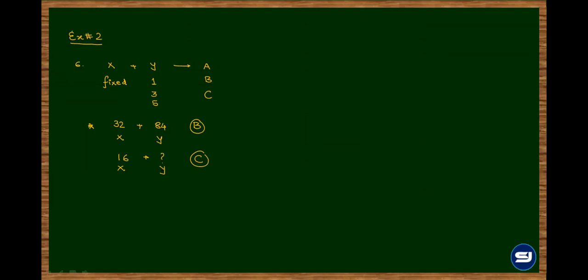Yes. Has anyone attempted this? Yes, sir. Yes. Can anyone explain this? The ratio of B is 1:3. So 32 upon 84 is 1:3.